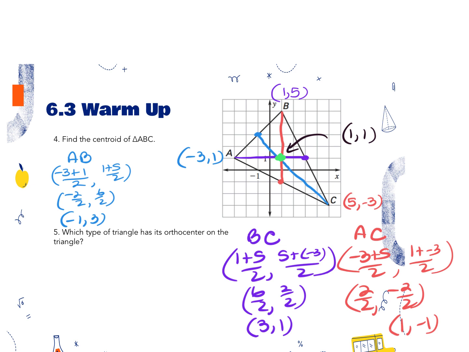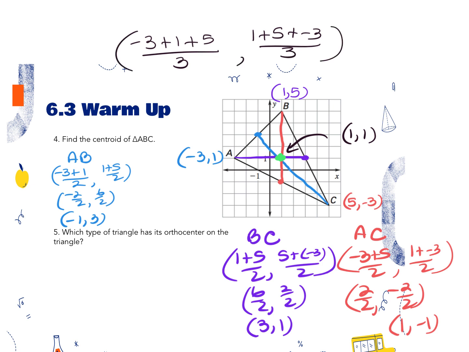So the shortcut is to take each one of the x's, so -3, 1, 5, add them and divide by 3, take each of the y's, add them, divide by 3. I get 3/3 and 3/3, and notice it simplifies to 1, 1, which is exactly the same centroid I calculated by drawing in each of the medians.